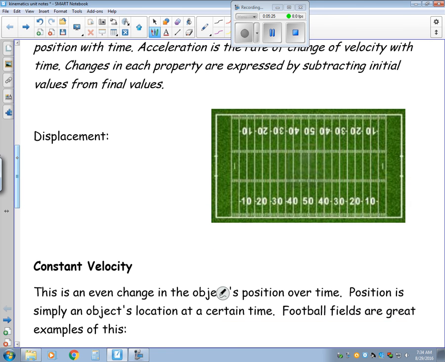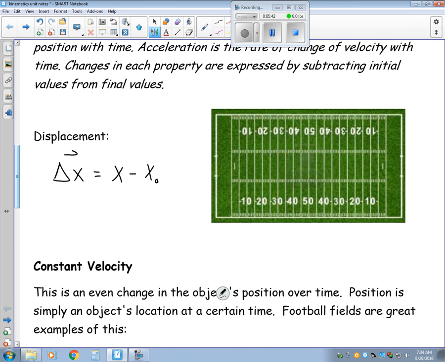Displacement then. We use a delta x for displacement. It is a vector, and it is equal to the final position minus the initial position. I use a little tiny subscript o for my initial values.